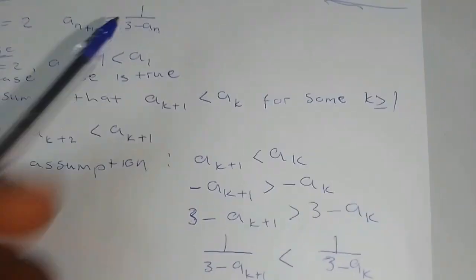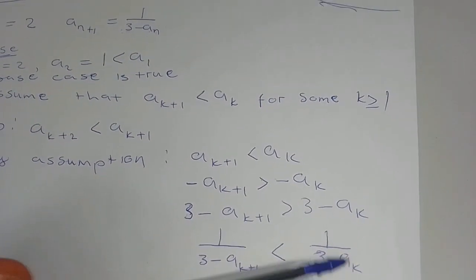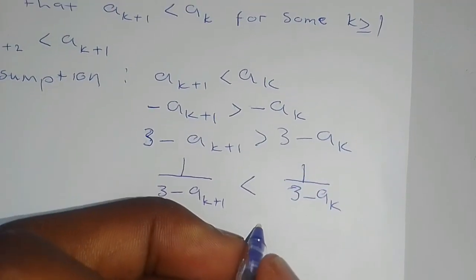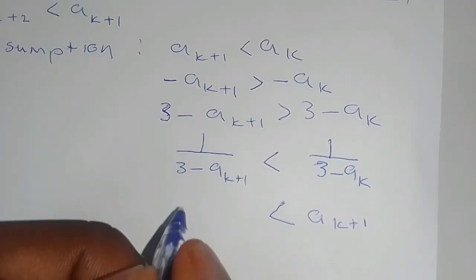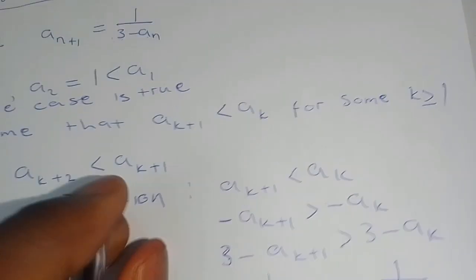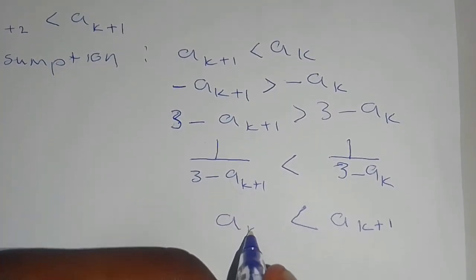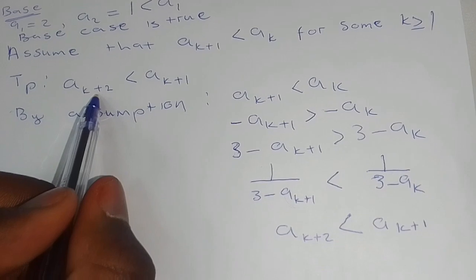But now look here. If this was n, then you have n plus 1. But now you have k, so this will be a_{k+1}. And since you have k plus 1 here, you'll have a plus 1 there, and that shows it will be a_{k+2}. So we proved what we wanted to prove.